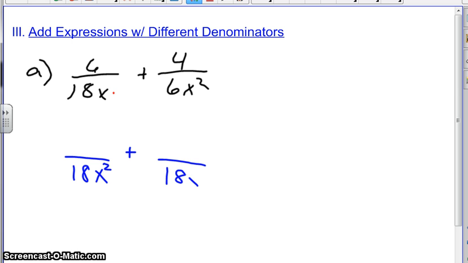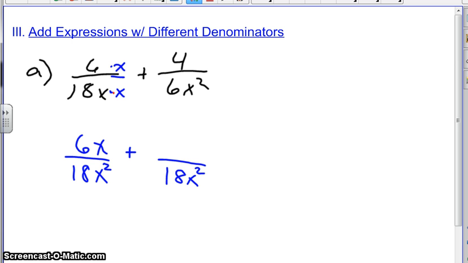They're both going to become fractions with that denominator, 18x squared. So we come back up here, we say, what do we do to this denominator, 18x, to get to 18x squared? Multiply by x. So what must we do to the numerator? Multiply by x, right? We're multiplying by a factor of 1, which is specially chosen to give us this denominator. And so the numerator is now 6x.